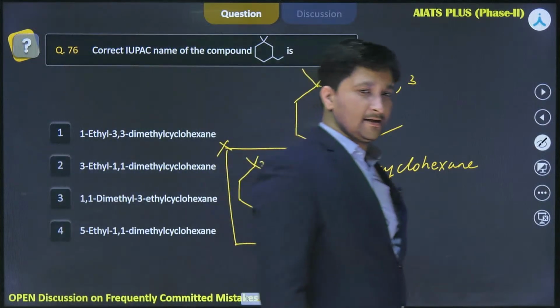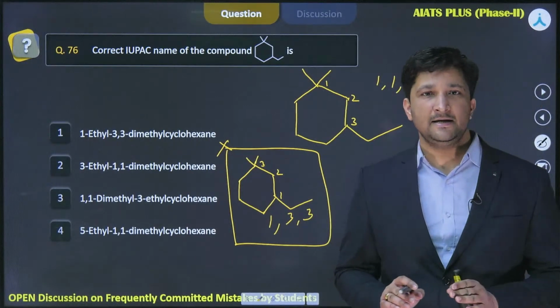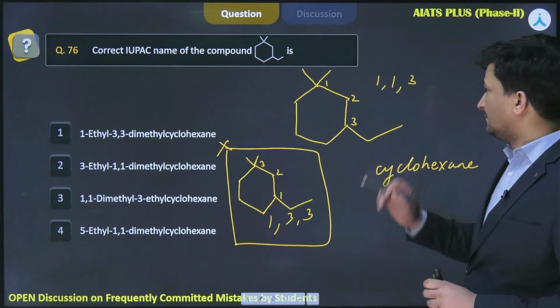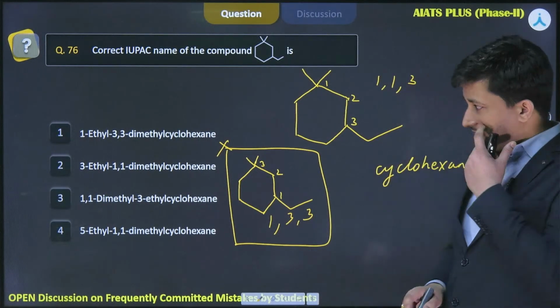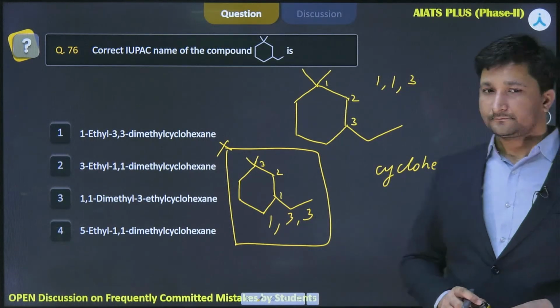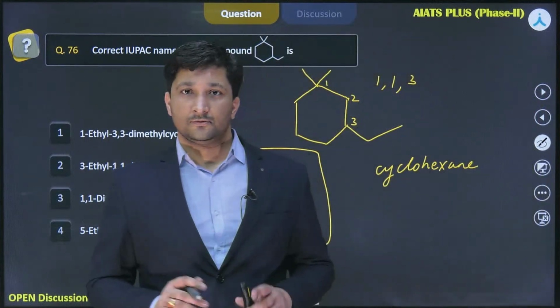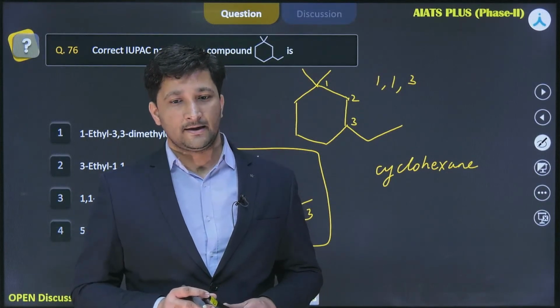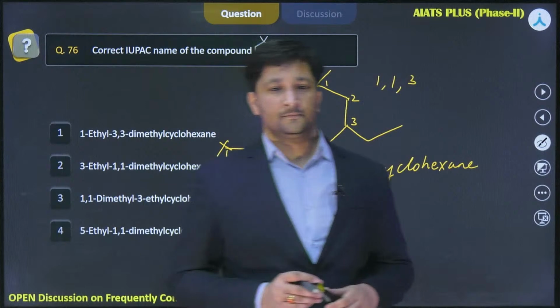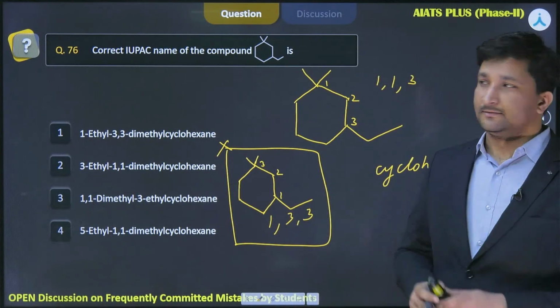Now, you can see here that you have two substituents. One is dimethyl and another is ethyl. At first position you have dimethyl and on third position you have ethyl. But again there is one more very important rule, that while writing the prefixes you have to follow the alphabetical order.